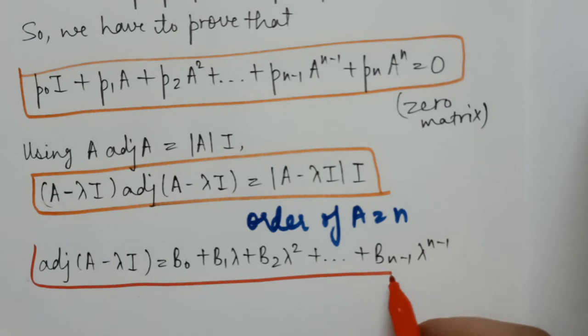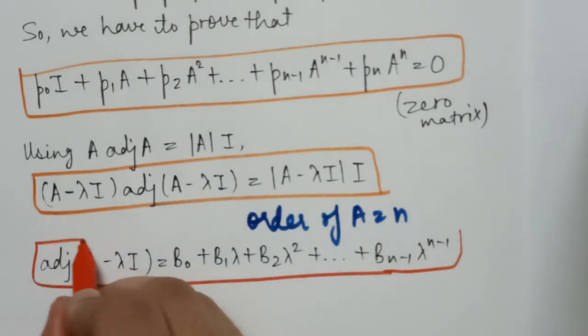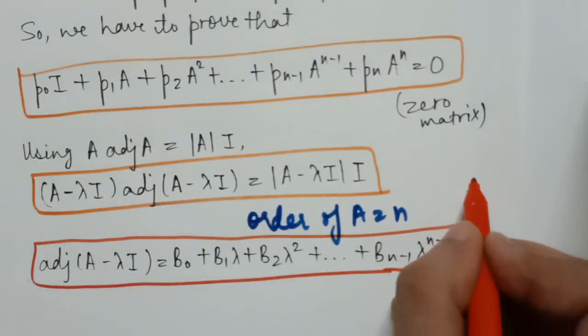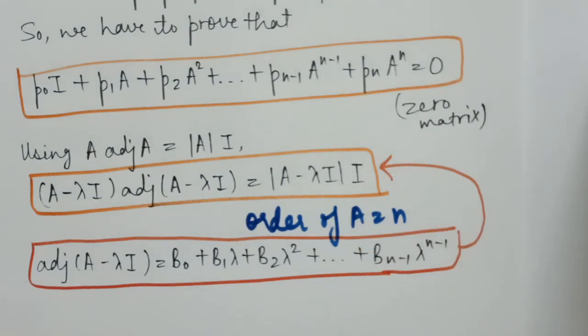So now we have to simply put the value of the adjoint of A minus lambda I from this equation into this equation.